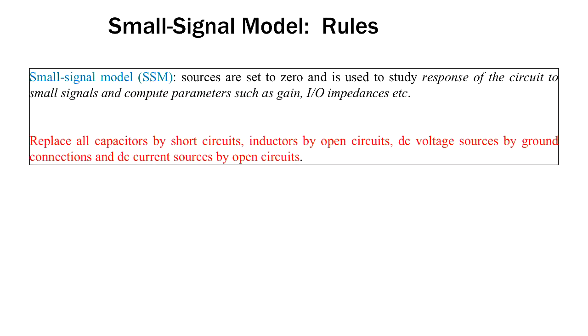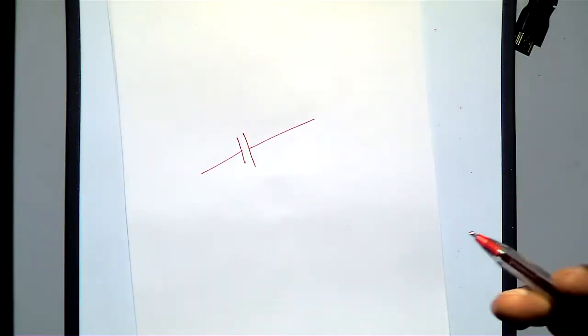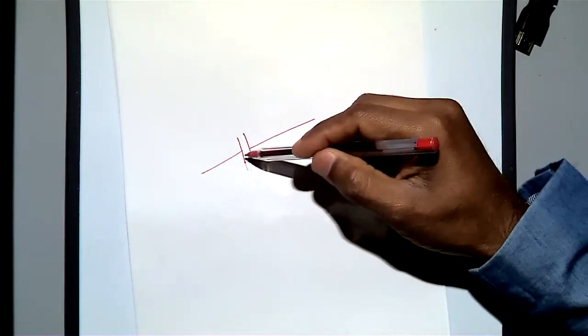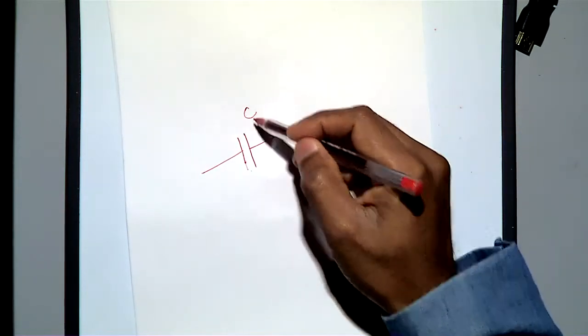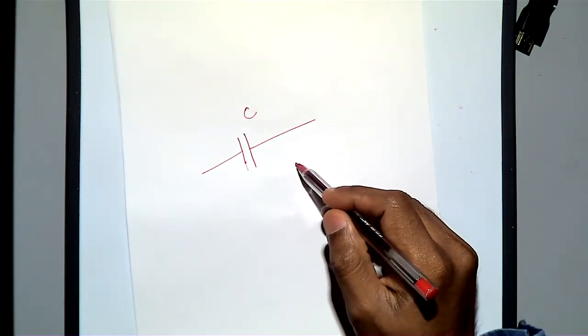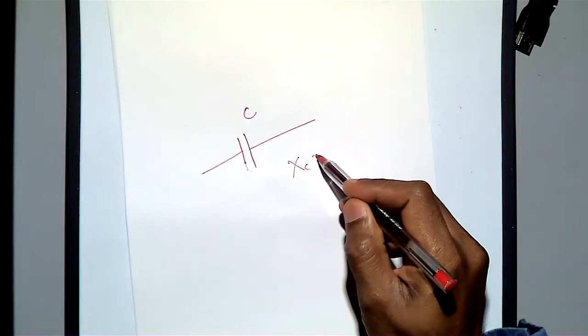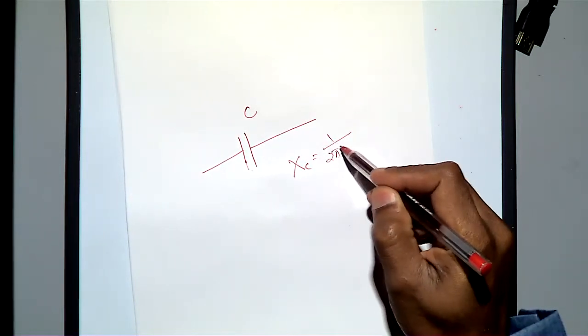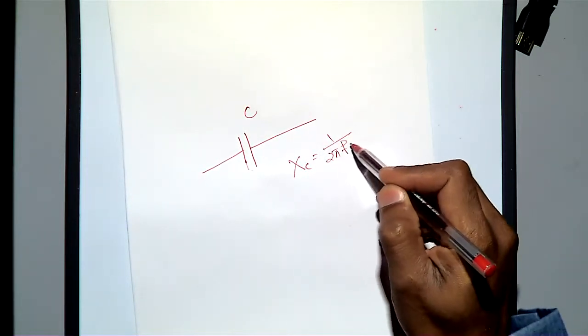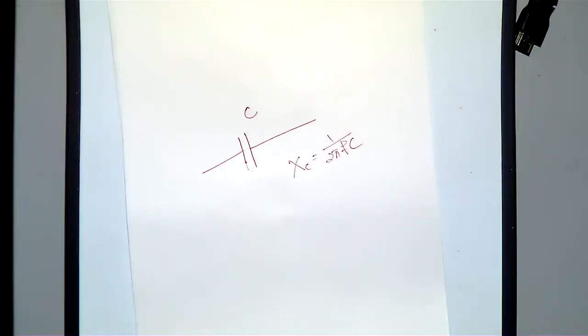If you take a simple capacitor, it has two plates separated by some distance. The impedance of the capacitor is XC equal to 1 by 2 pi fC, where f is the frequency.